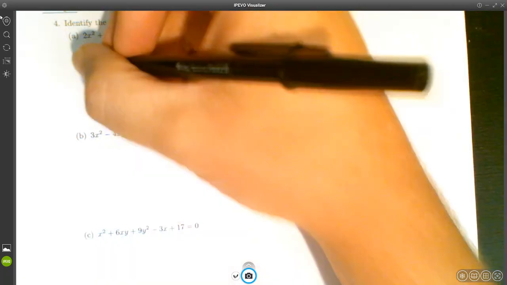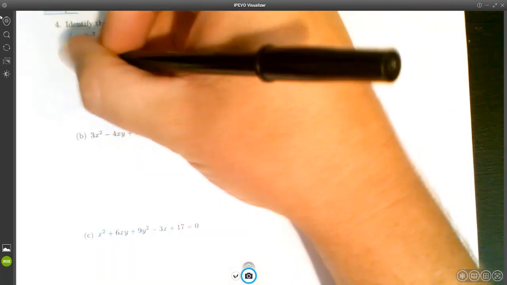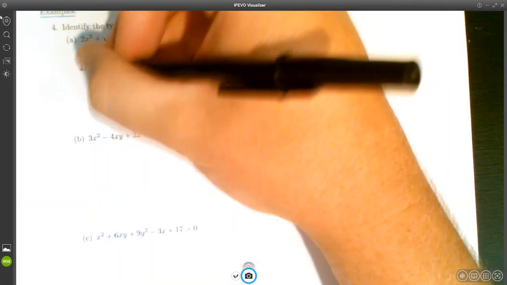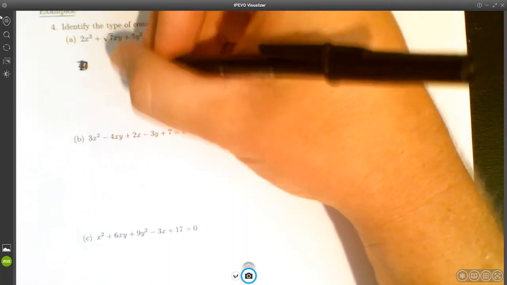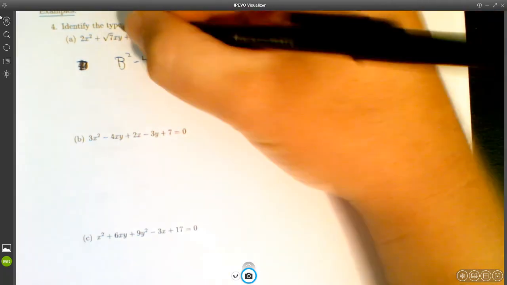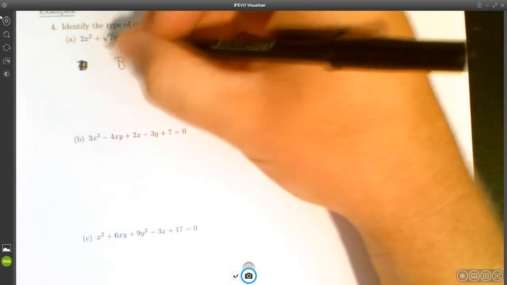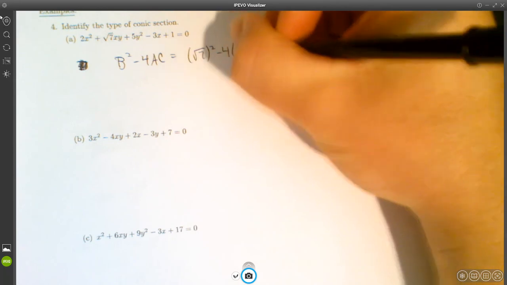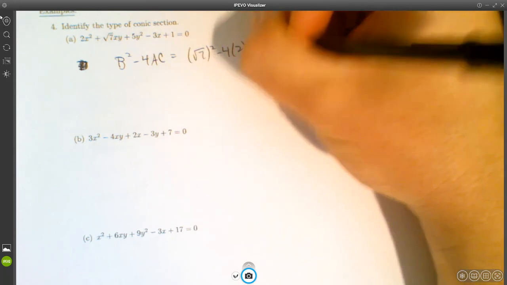Okay, let's just practice using the discriminant to identify the conic section, right? So the discriminant, maybe I shouldn't use d because d is a letter that we already use in our conic section, right? So I'll just write out b squared minus 4ac. For this one, b would be square root of 7, right? So it would be root 7 squared minus 4 times 2 times 5.